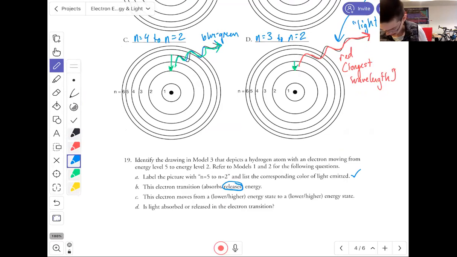Where is it going? Ground. Where does it start? From excited, which is higher, to ground, which is lower. And so light is released.